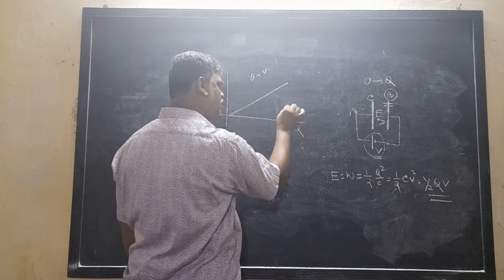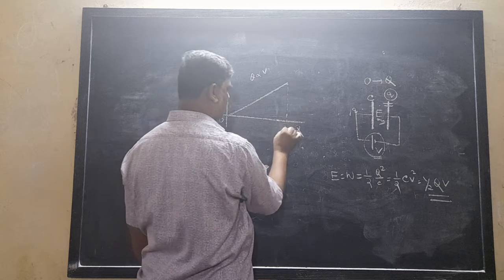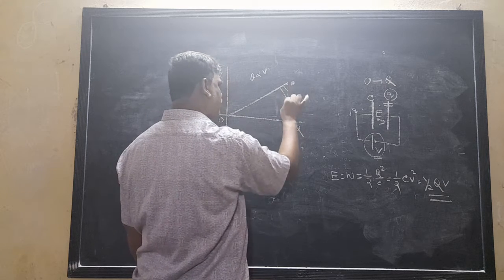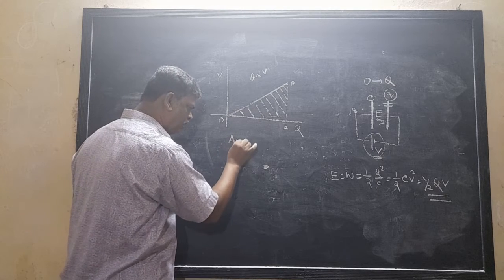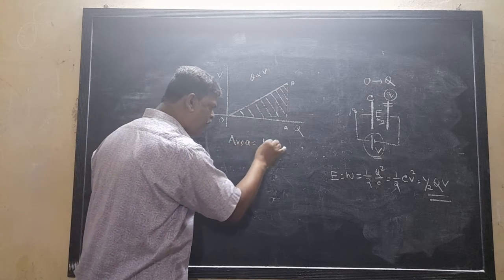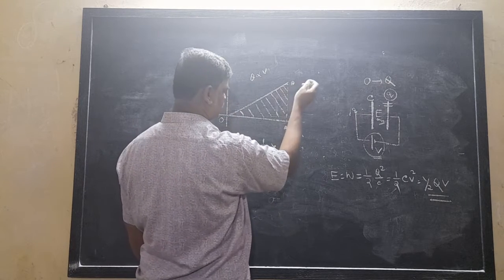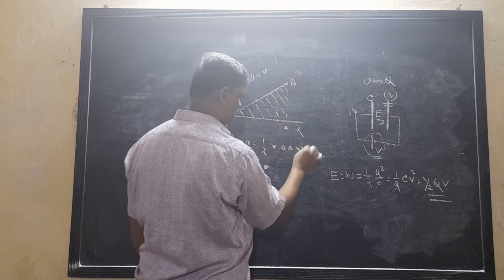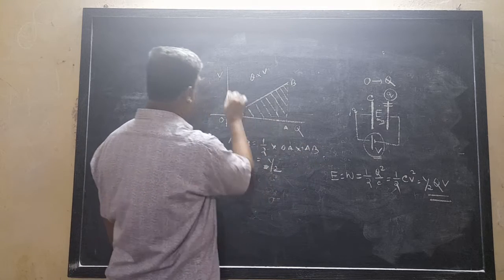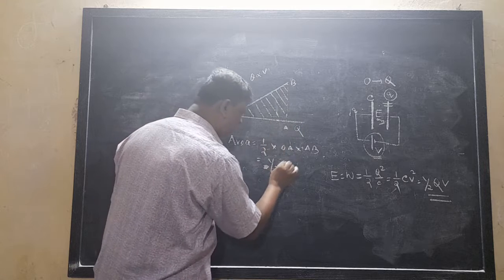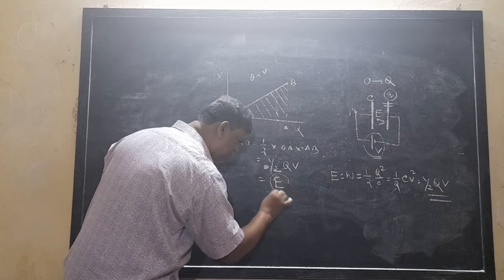Suppose in this graph O A B, what is the area of this? The area is equal to half into O A into A B. That is half O A, which is Q, and this is V. Q into V. Then this is equal to the energy stored.